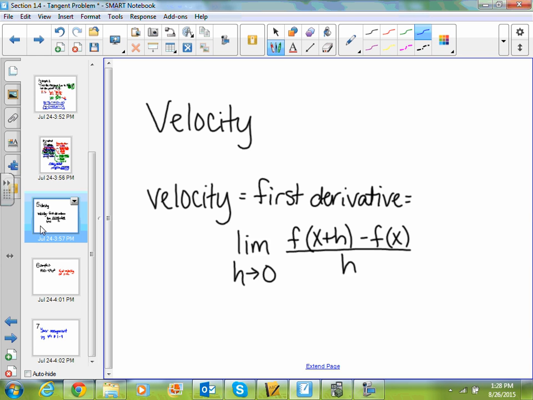Okay, so our derivative formula is the limit as h approaches 0 of f of x plus h minus f of x all divided by h.